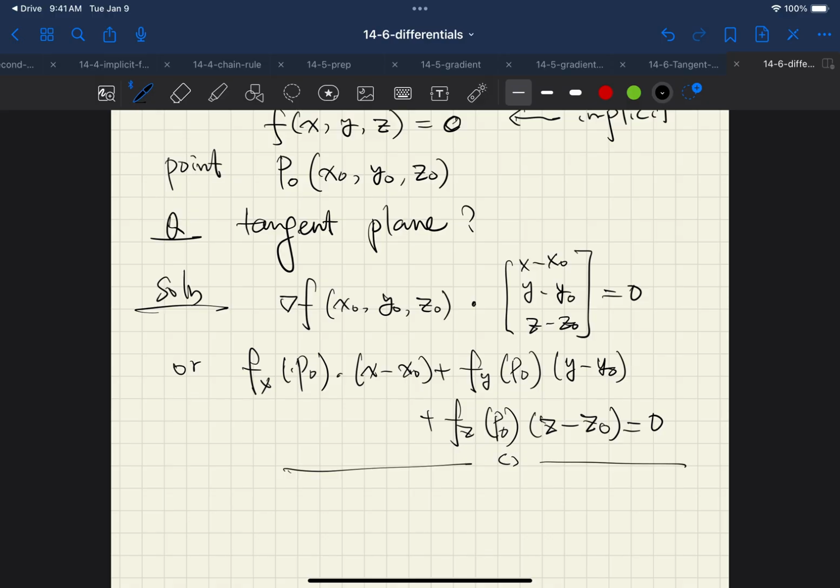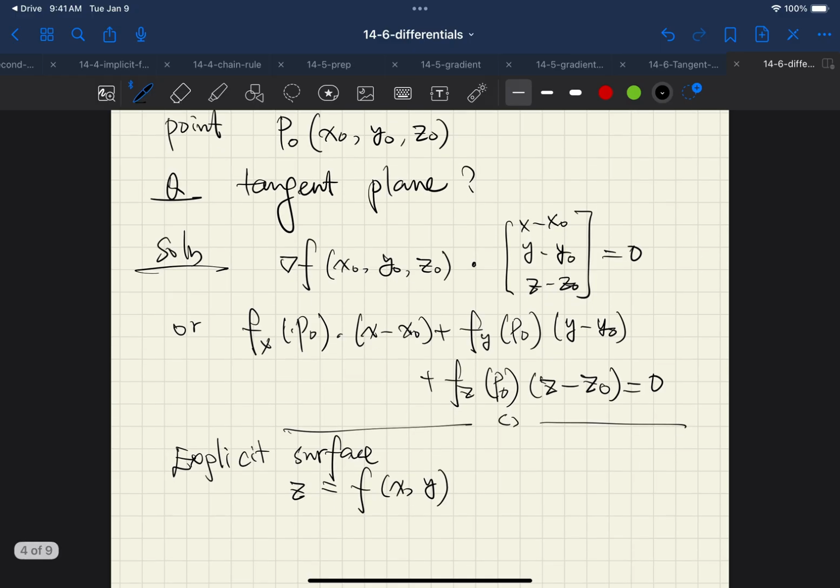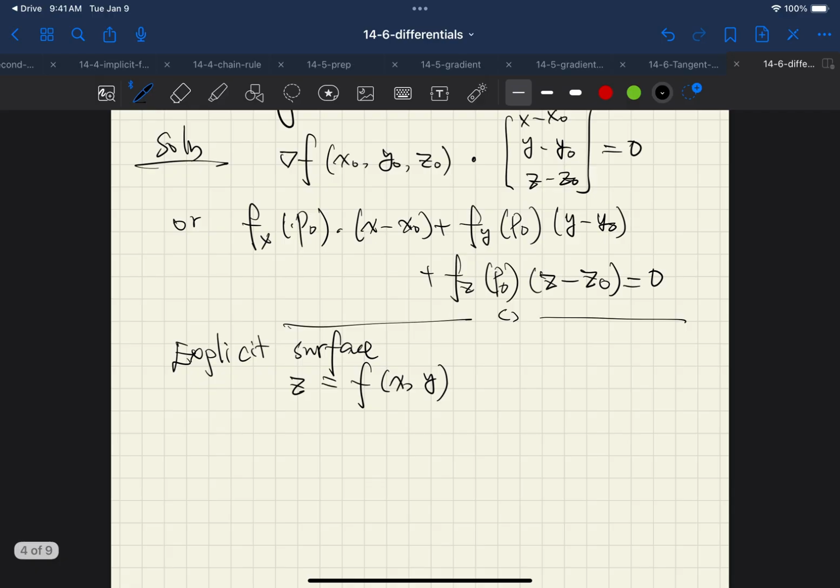So for an explicit surface, if I give that z equals f(x, y), then you can always write this into implicit form. Then this is the same as f(x, y) minus z equals 0.